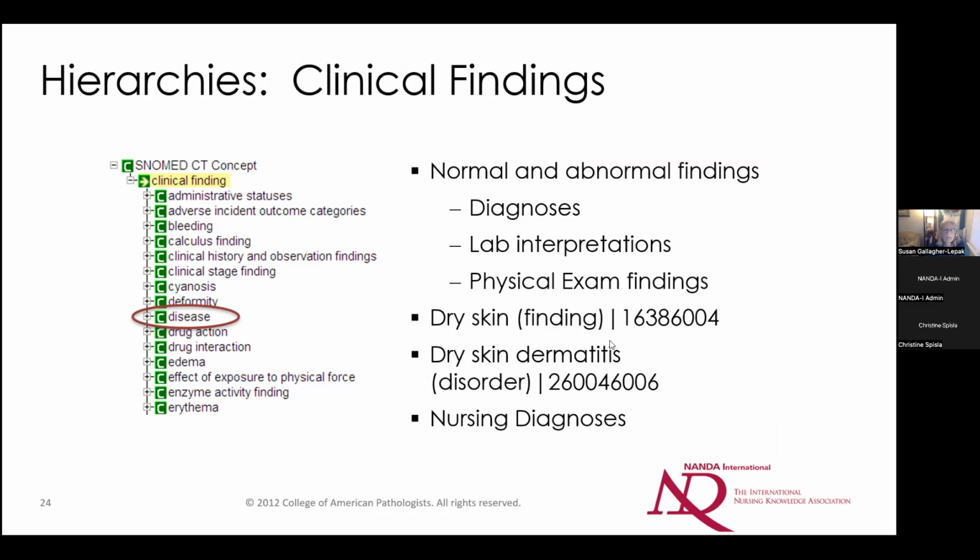So dry skin may or may not be a good thing, so it's got the clinical findings hierarchy tag on it. But dry skin dermatitis is obviously an abnormal finding, and so it's got the disorder hierarchy tag. And how it gets that hierarchy tag assigned to it is a whole other webinar. So if you're interested in that, chat, we'll have coffee. I'll tell you about that. But we're not going to cover that this morning.